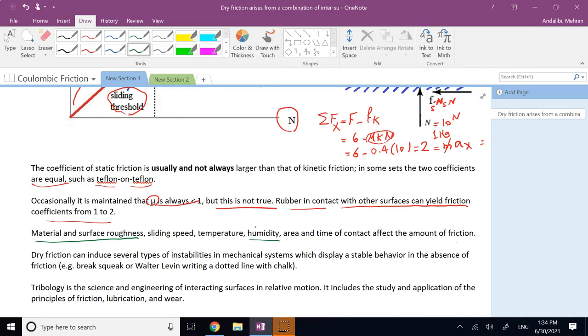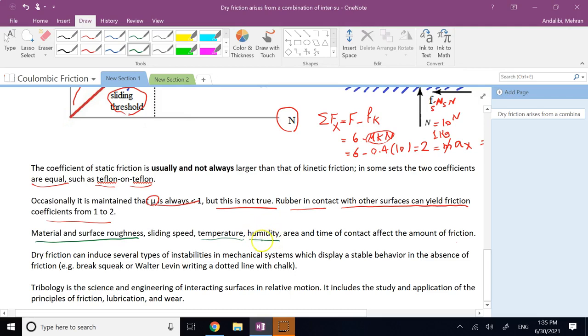And also temperature. Most of the time, an increase in temperature causes a reduction in mu k. Humidity has different effects. For some surfaces, when you make them wet, you are going to lose friction. For some, it makes the friction actually go up. So it depends on some other parameters.